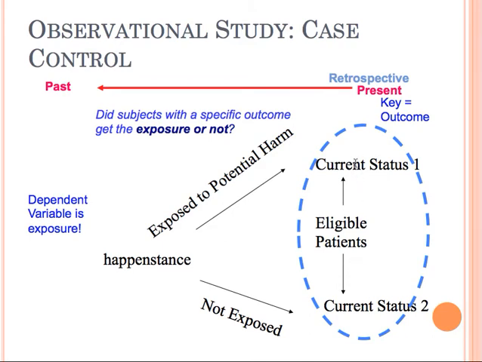Then we're going to retrospectively look back in time and track how many of them were exposed to some harmful thing or some beneficial thing and how many were not in each group. And if the proportions are different, then we would say that exposure item or that beneficial item can be attributed to the patient's status.